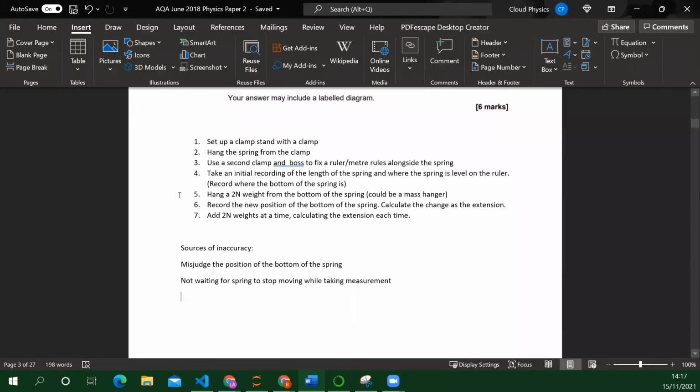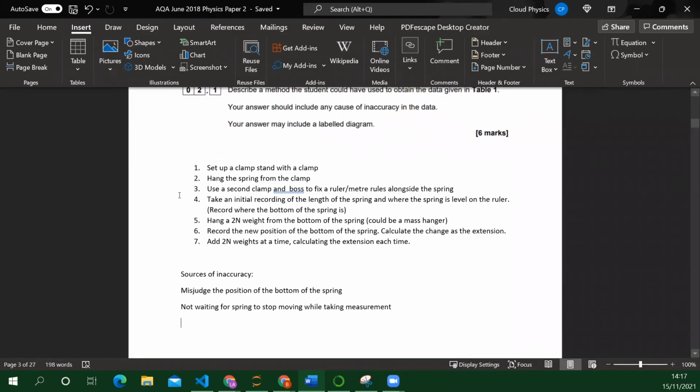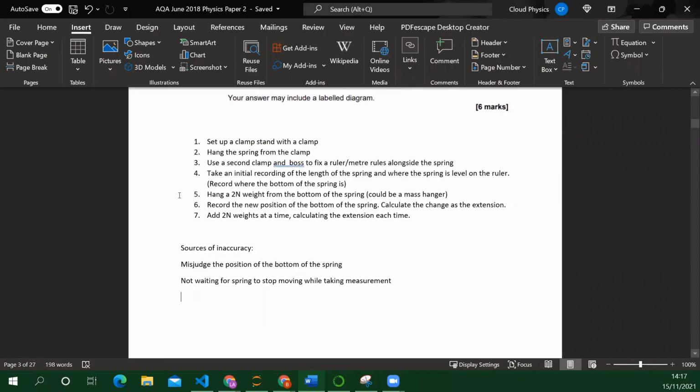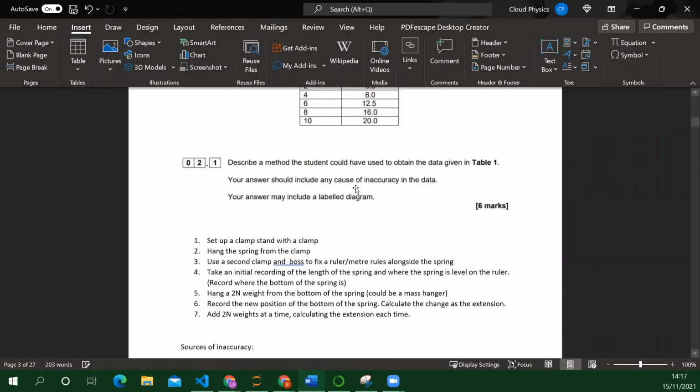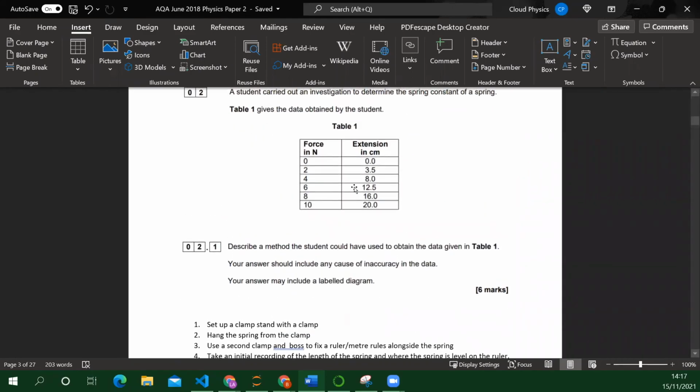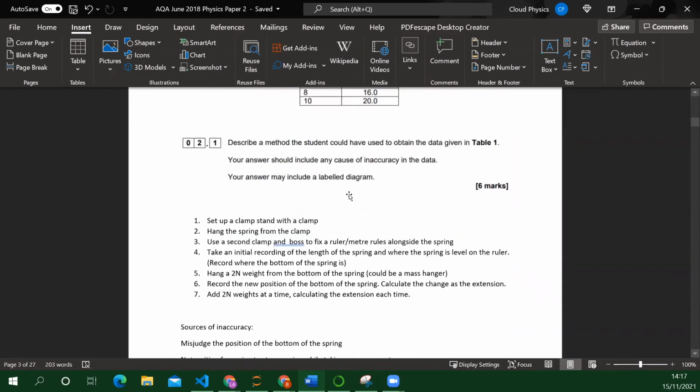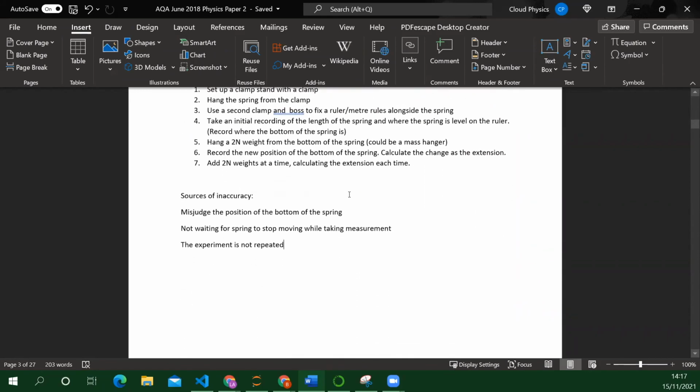Also, the experiment's not repeated there, is it? That's a big one, a nice easy mark. You say you repeat it, because the person has only got one reading. They didn't say it was an average, so we can't take that to be the case.